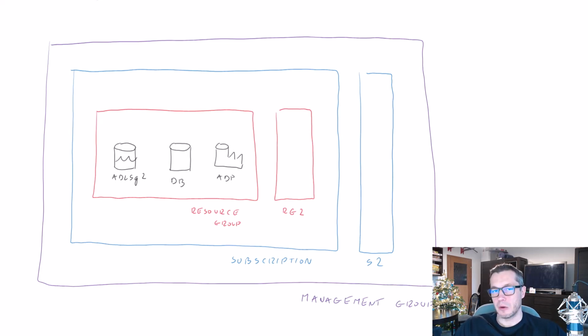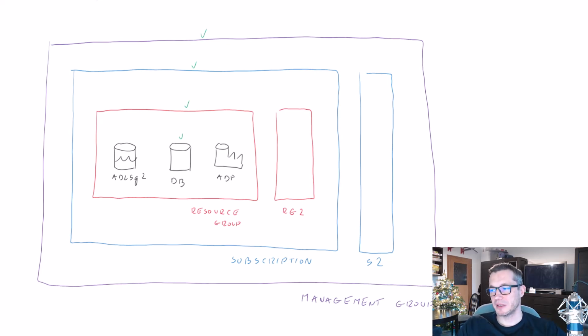And now, when we are selecting a scope on which we want to grant a role to someone, we can choose any of those objects. We can choose a specific resource if that's what we want. We can choose a specific resource group, or a subscription, or a management group. So we have full flexibility here.